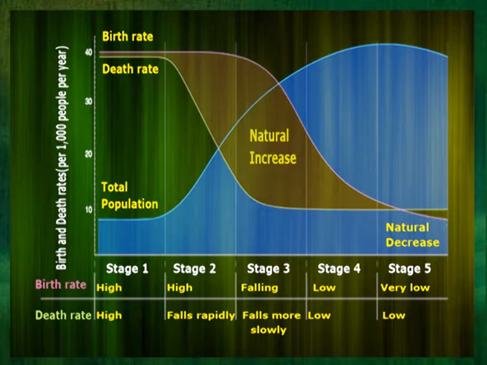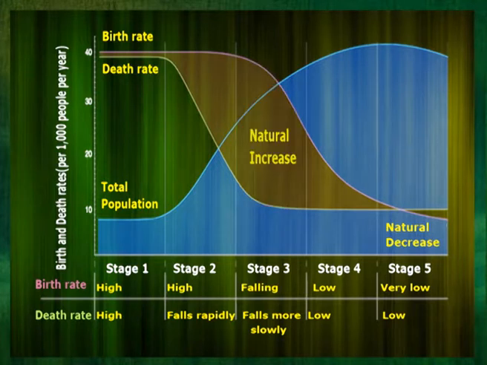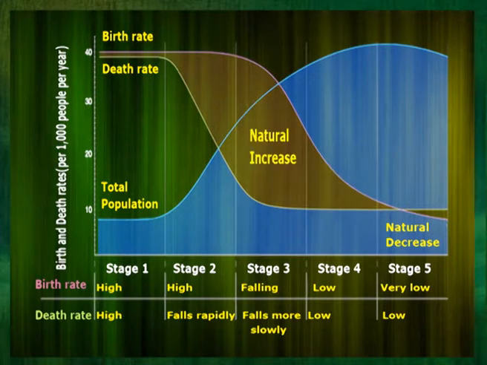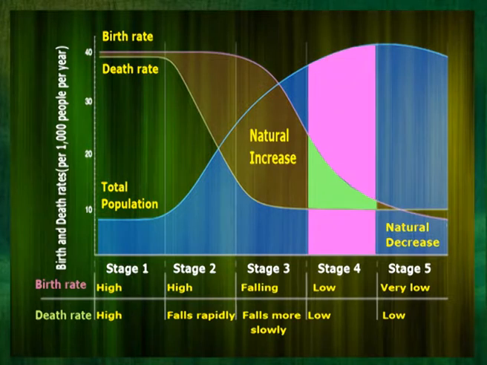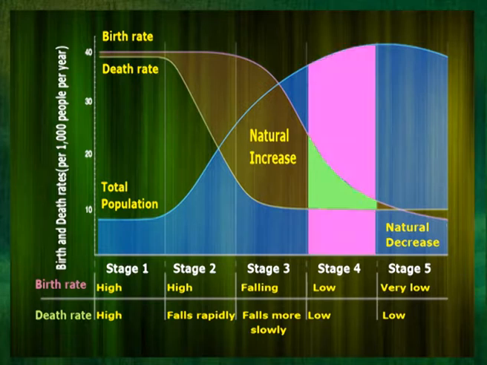After some years, the death rate starts declining faster and the birth rates start declining significantly but are still at a higher level. This is the third stage. In the fourth stage, we see that both the birth rates and the death rates are falling but are also at a very low level and the growth of population is almost nil.